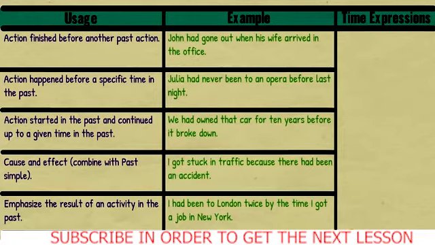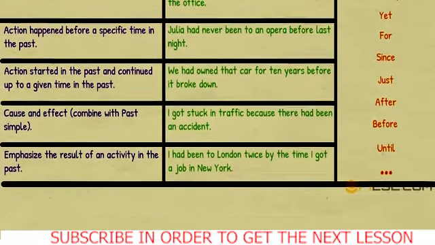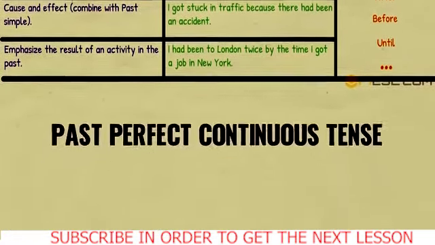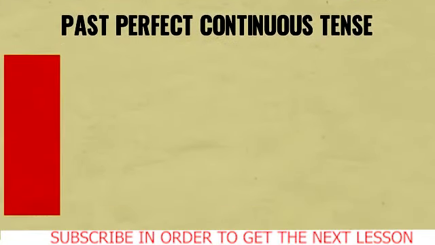Time expressions. Already, yet, for, since, just, after, before, until. Past perfect continuous tense.